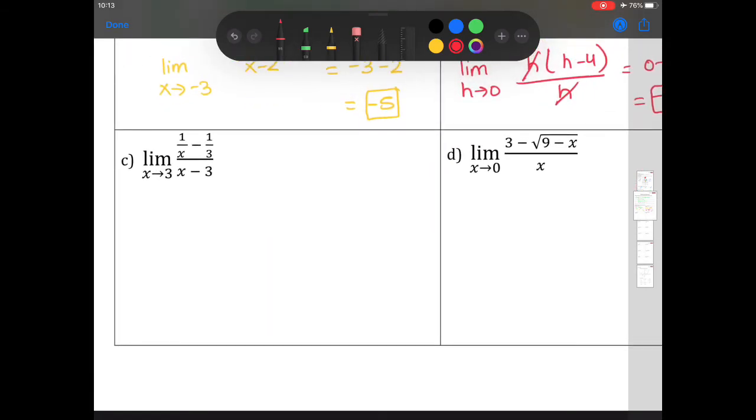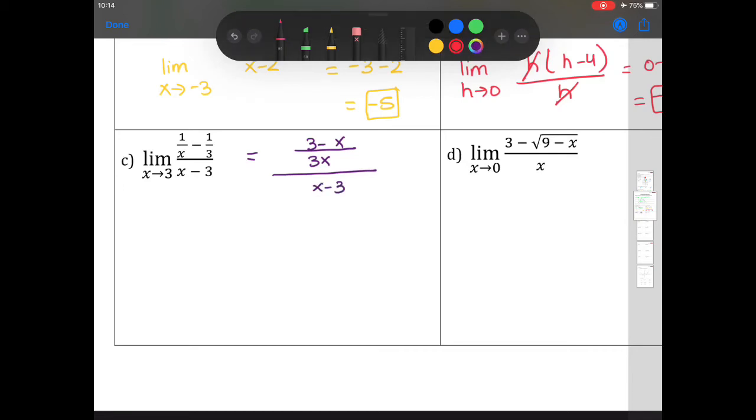Now here you have a complex fraction. You can't apply the limit right away, because if you do, you'll get a denominator of 0. So what you do is, first of all, try to simplify the numerator. Take your LCM. My LCM is 3x, and I get 3 minus x in the numerator over x minus 3.